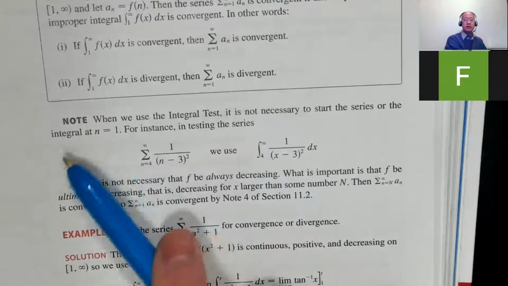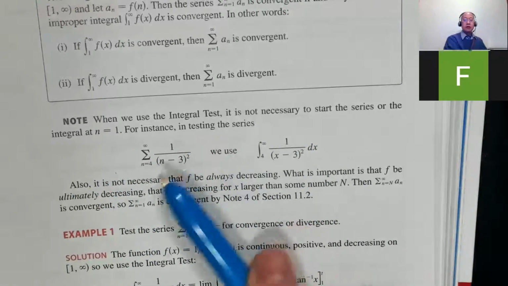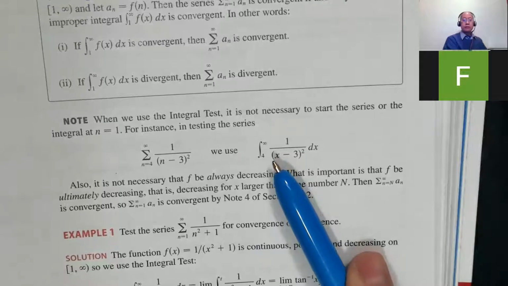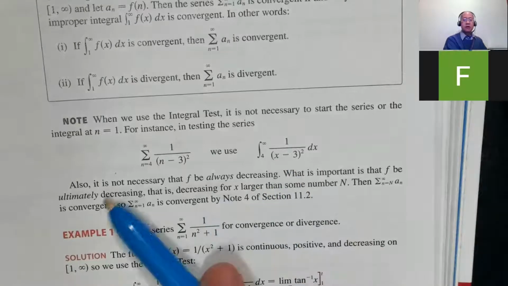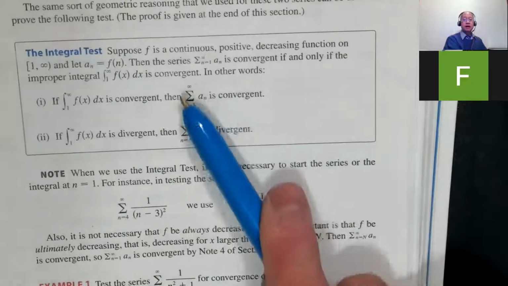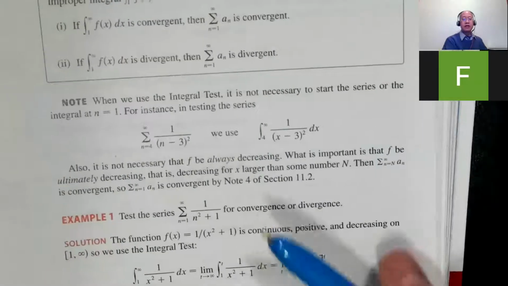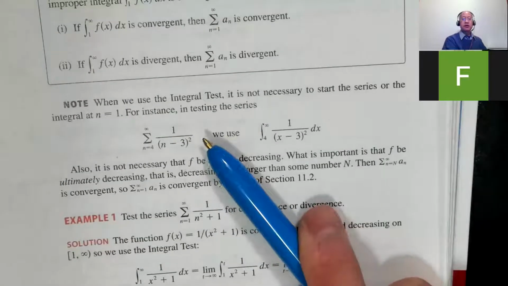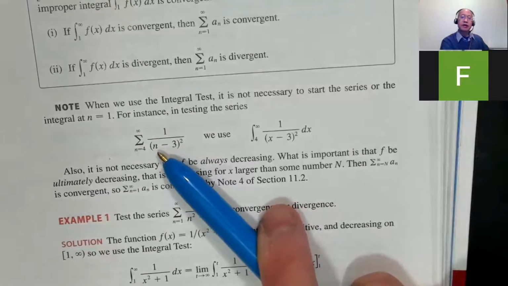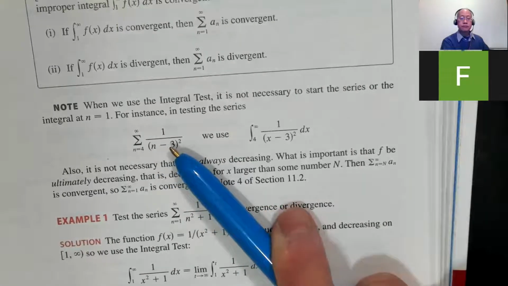It is not necessary to start the series at n equals 1. You could start at 4 and integrate from 4 to infinity. Okay? The main thing is that the function ultimately be decreasing, positive, continuous, and decreasing eventually, so to speak. So you can't start at 1 because you might have a negative, and you can't start at 3, but you can start at 4.